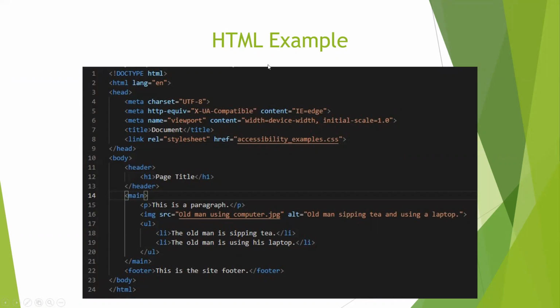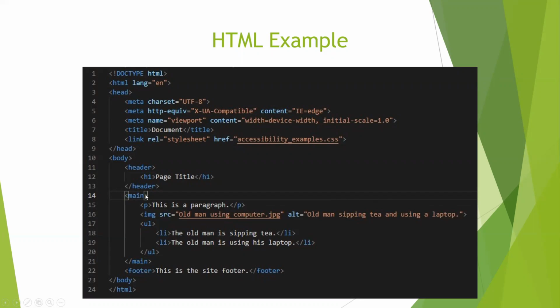So this one is the HTML example. It's just some HTML code applying those accessibility standards I just mentioned. We can see here I used header tags for a header, main for main, footer for a footer. In here, I put an alt, I don't know if you call it a tag or what it would be, but I used an alt, so I have some text for the picture if people can't see that picture.